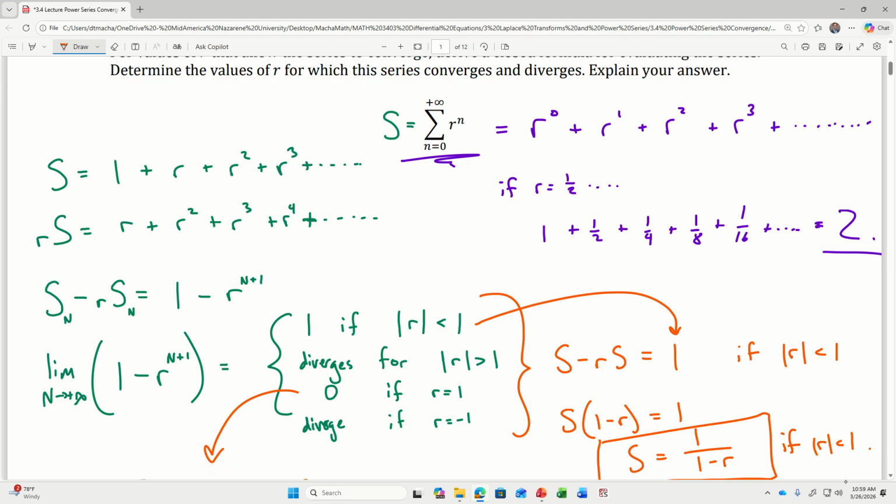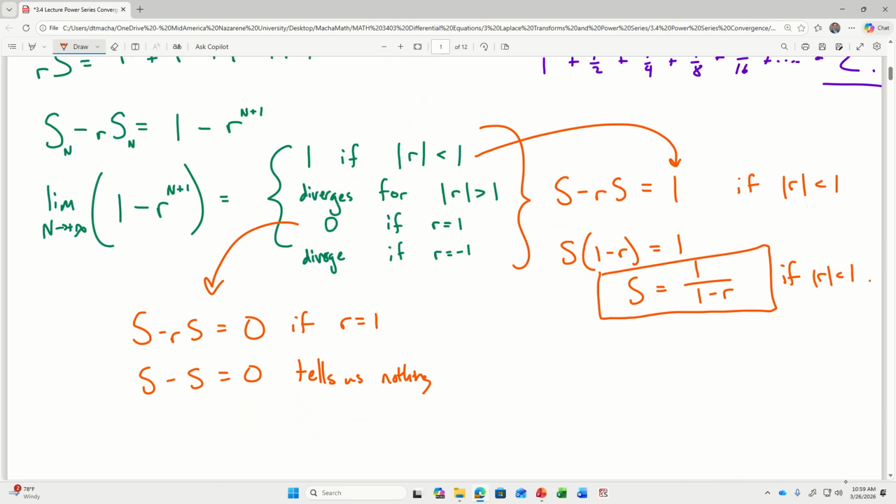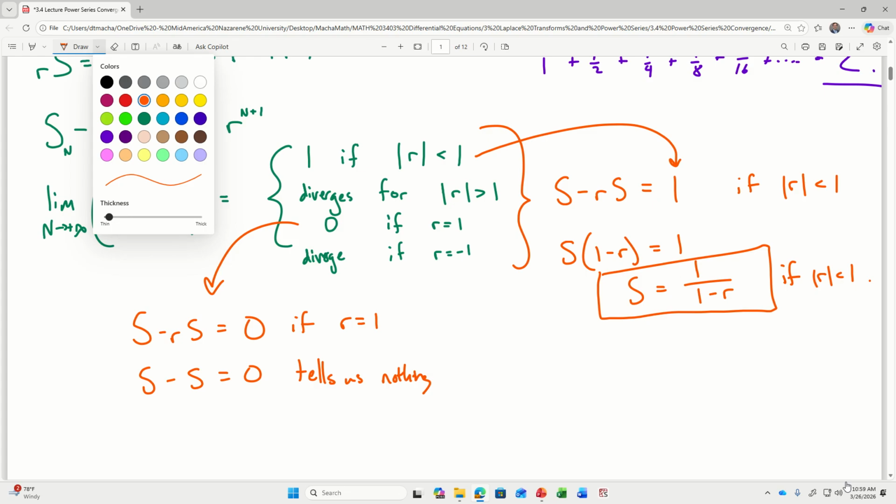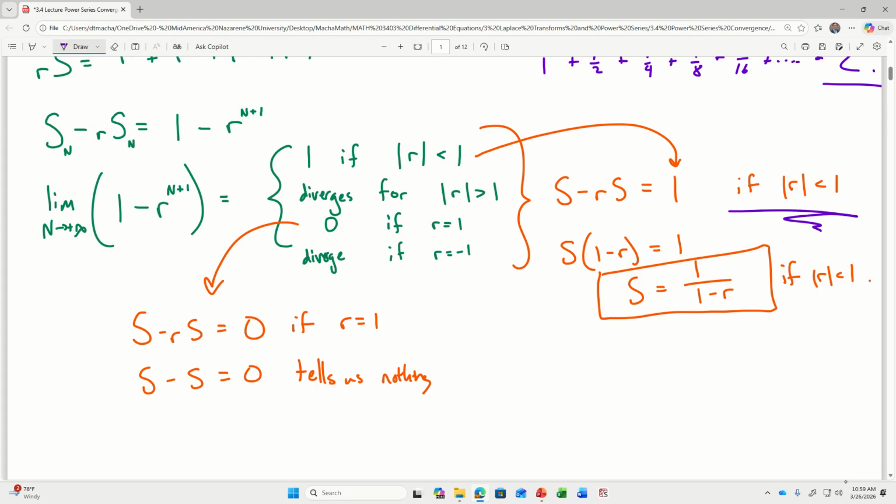The real result of this series, if r was equal to 1, would be like 1 plus 1 plus 1 plus 1 plus 1, and then it diverges, right? So it looks like this geometric series is going to diverge everywhere except where absolute value of r is less than 1. And where it does converge, it's going to be evaluated like this. Okay.